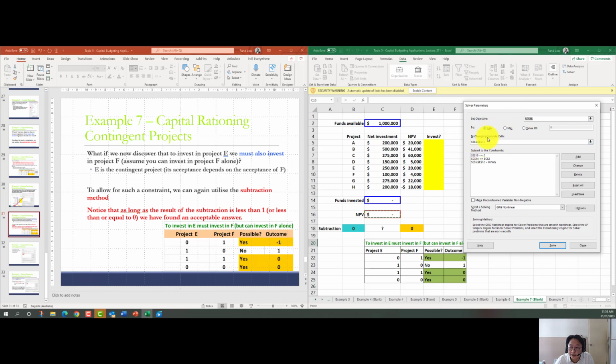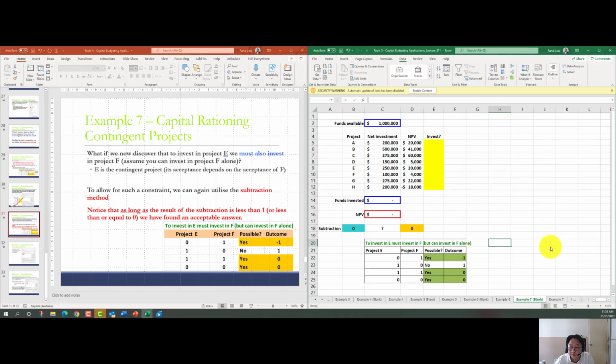C16 NPV is maximized, changing variable cells E5 to E12 where E5 to E12 are binary. C14 must be less than or equal to C2, which means the funds invested must be less than $1 million. And now the constraint that B18, the subtraction formula, must be less than or equal to 0 to allow for this project constraint to be addressed.